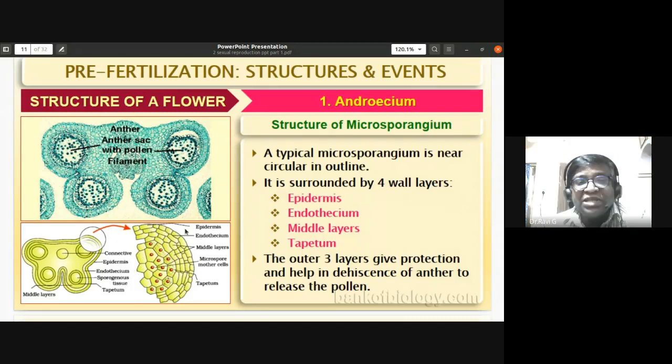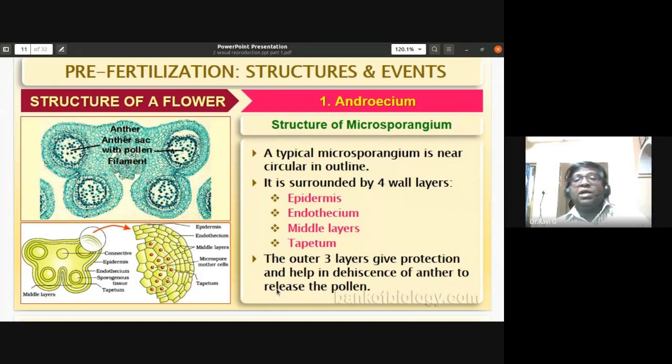So the first layer is the epidermis. Second layer is the endothecium. Third layer is the middle layers. Then the innermost layer you have the tapetum, and within this tapetum you find the sporogenous tissue.